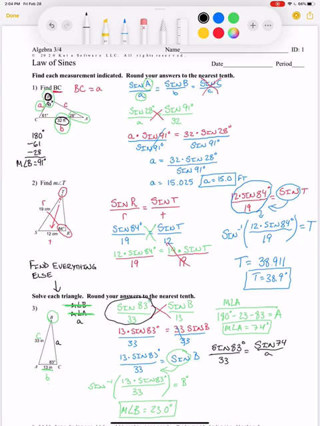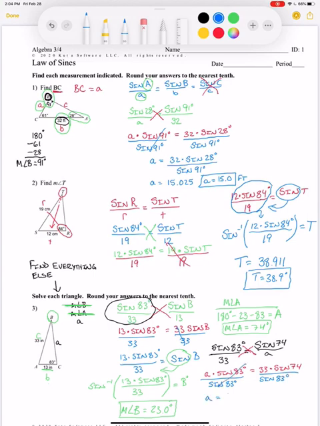So I'm going to find side A by cross multiplying. Then I divide both sides by the sine of 83, and those cancel out.